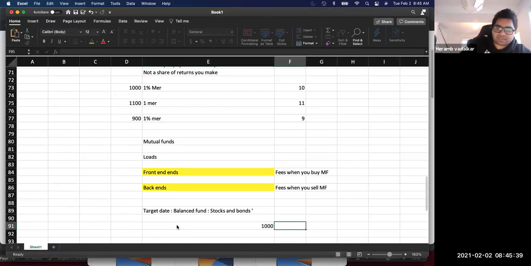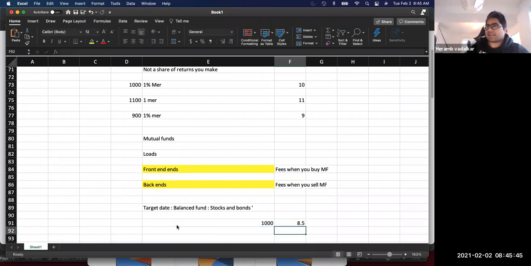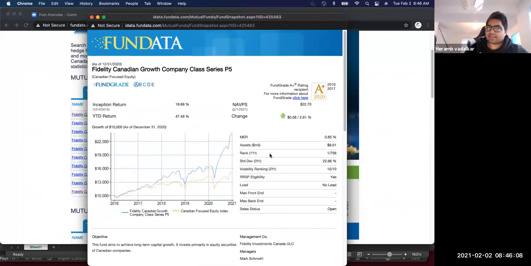That is 0.85%, $8.50 every year as MER. It doesn't have any loads, so no front end load or back end load. So when you buy this, you don't have to pay fees to buy and fees to sell. Most mutual funds have stopped charging front end and back end loads, so that's also a case.